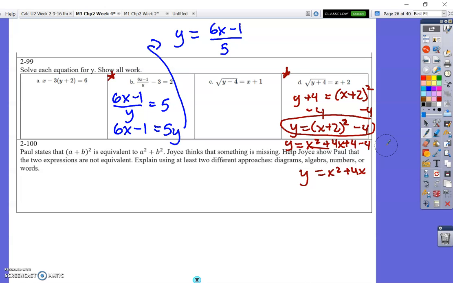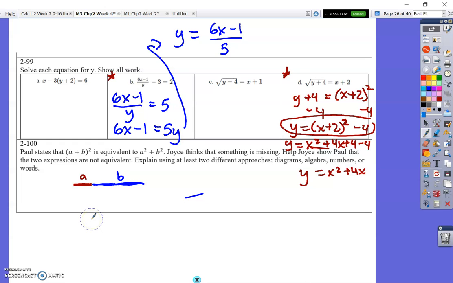So first thing I'm going to do is jump to diagrams. So I'm going to go ahead and graph. I'm going to draw this, a plus b. So a is some length. Let's call that a. And b is some other length, b.